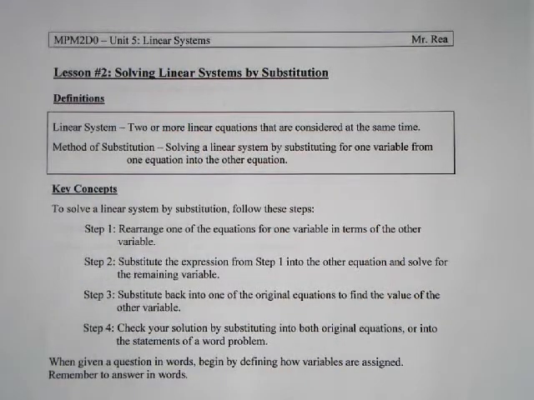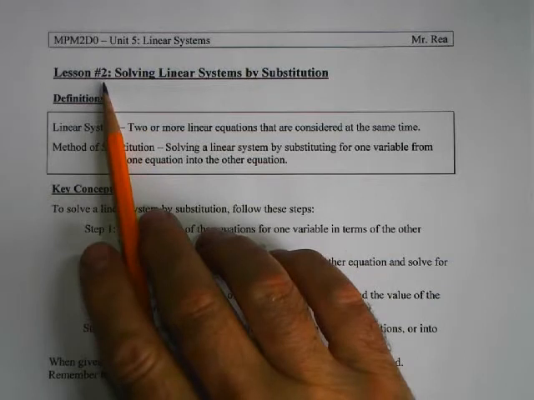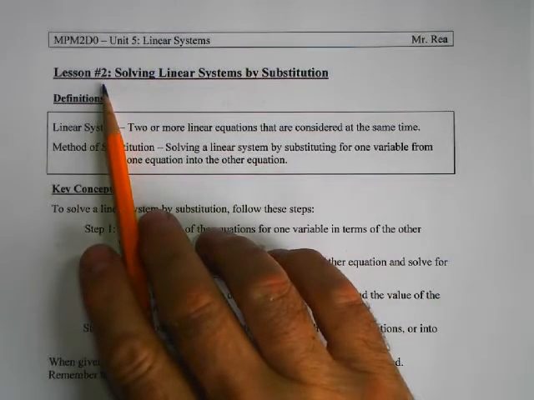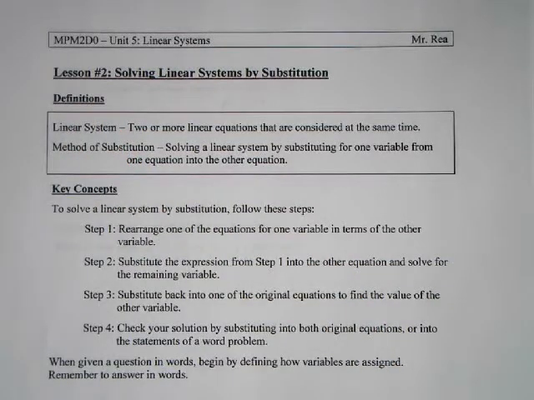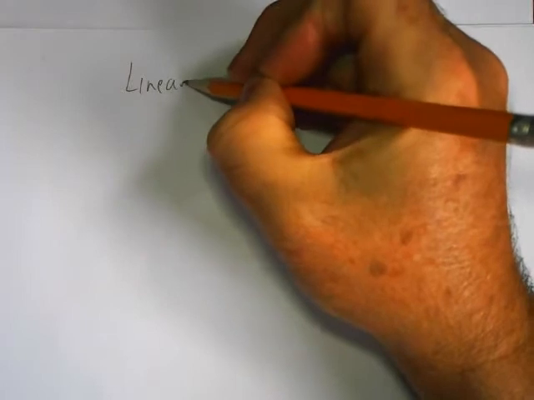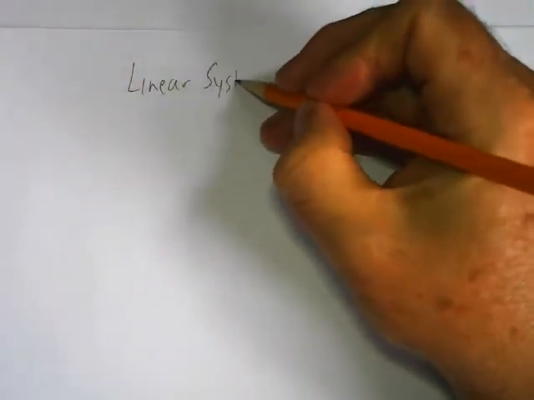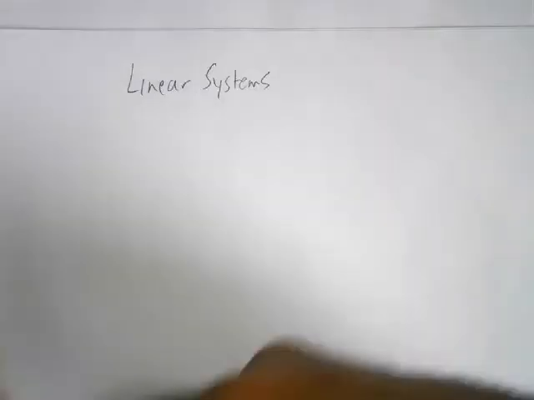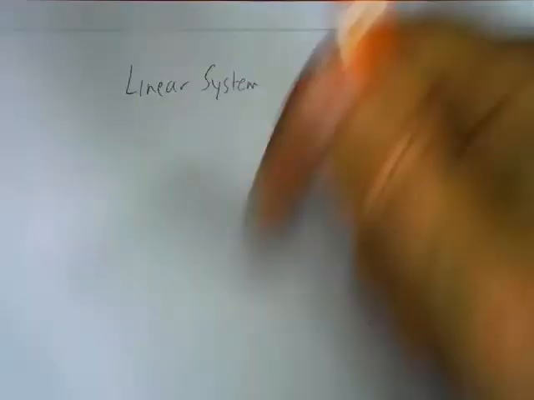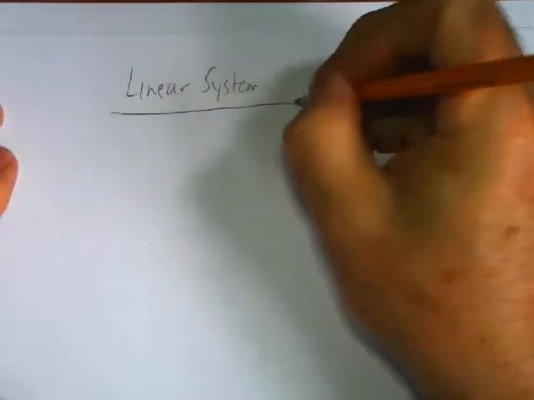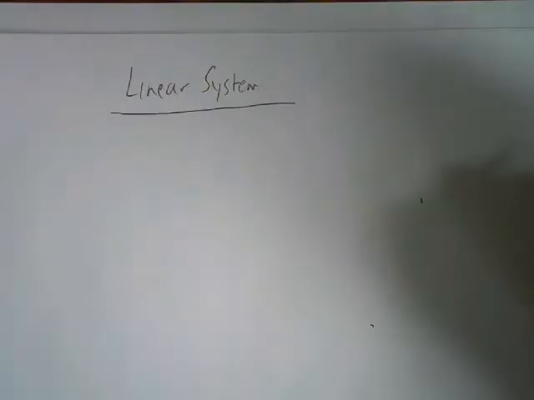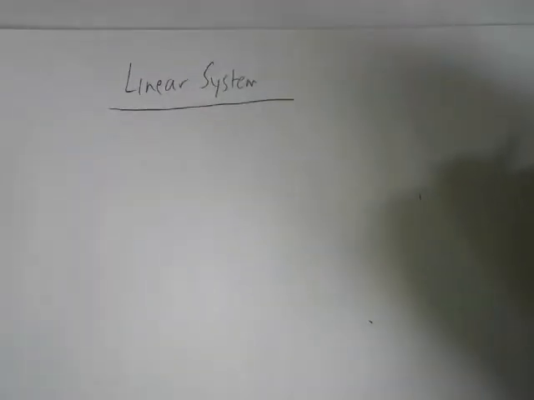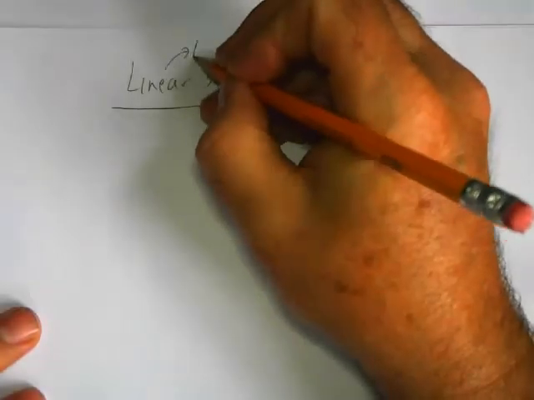Now you notice we're actually skipping a lesson, so I just wanted to do a quick little summary of what is a linear system. If you look at the two words, system, linear, I mean, you've seen that a ton in grade 9 and a little bit in grade 10 again, but linear is basically a line.